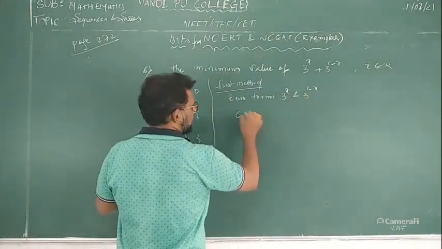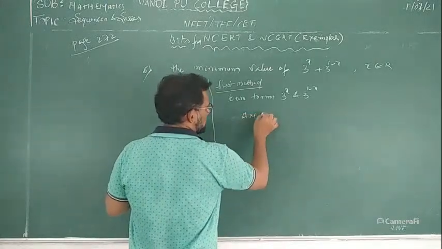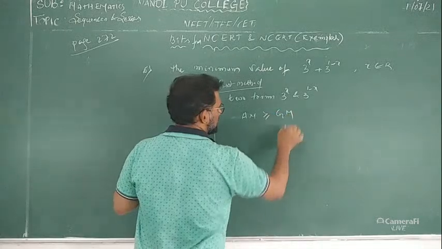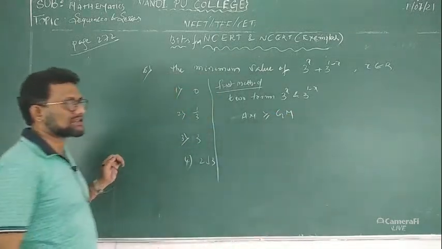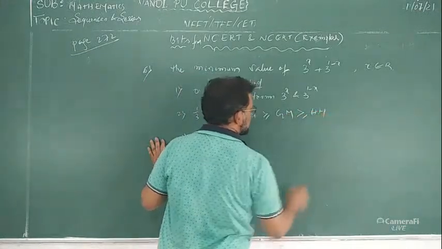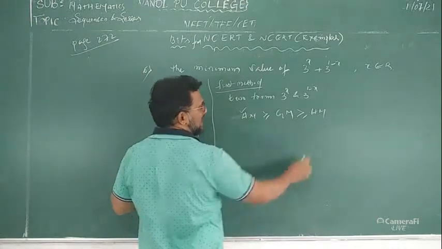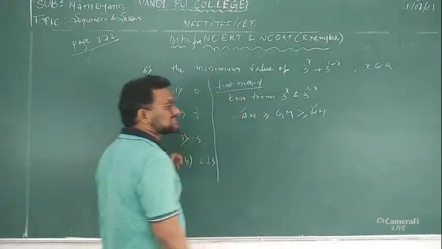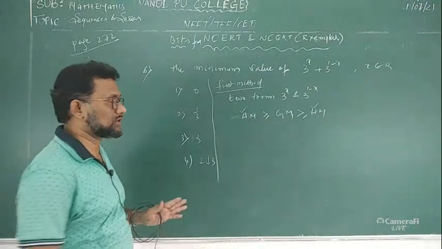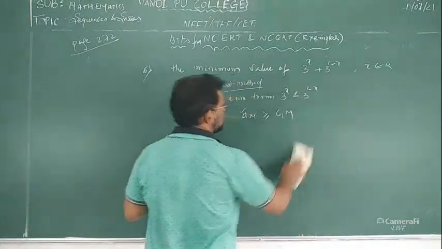So we use the arithmetic mean and geometric mean. We know the comparison between them: the arithmetic mean is always bigger than or equal to the geometric mean, and the harmonic mean we can consider smaller. So with respect to this comparison we can go.